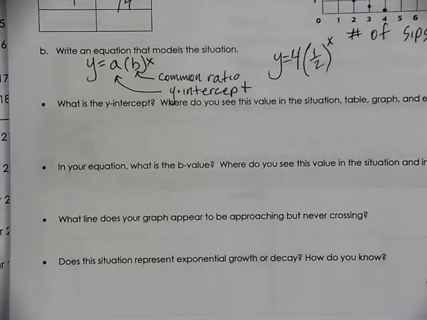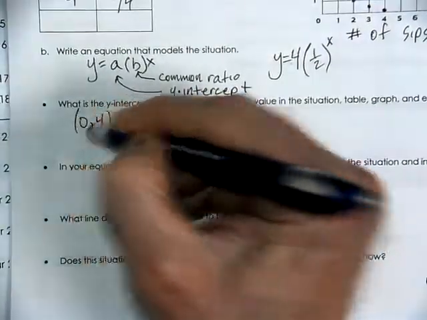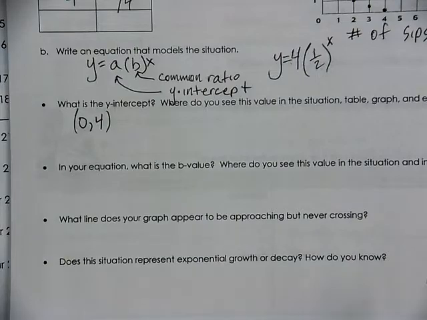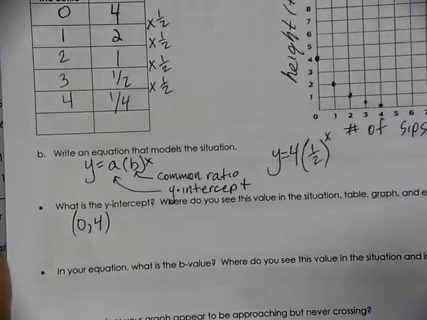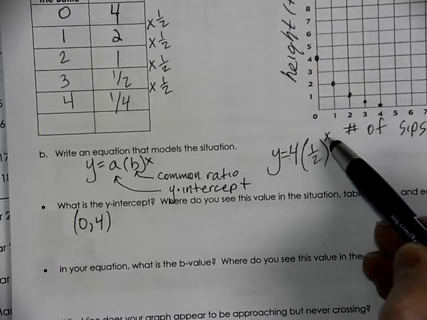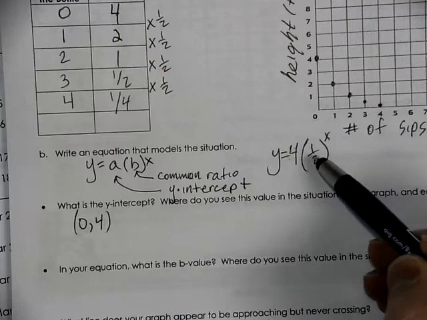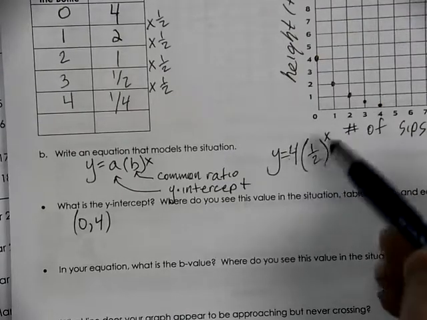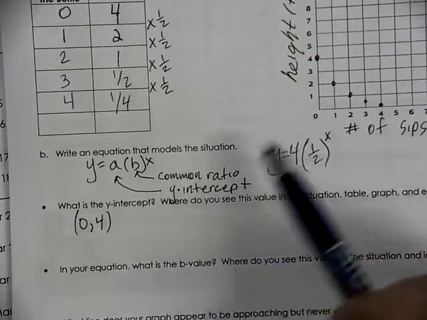Where is our y-intercept? (0, 4) is our y-intercept. Okay, we can tell that by multiple ways. In our equation, if you plug in 0, you would have half to the 0 power. Any value to the 0 power is always 1. So 4 times 1 would give us that 4.